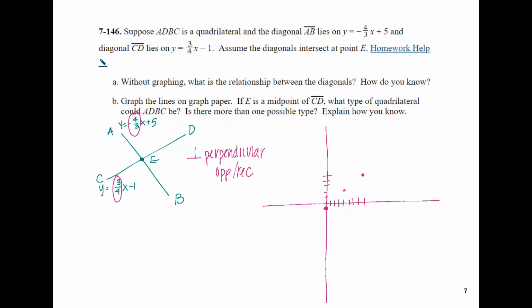Then we graph line AB. We start at 5, and this time we are going down 4/3, down 4/3.